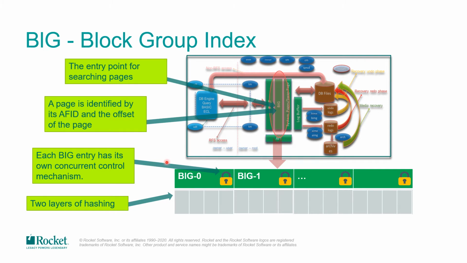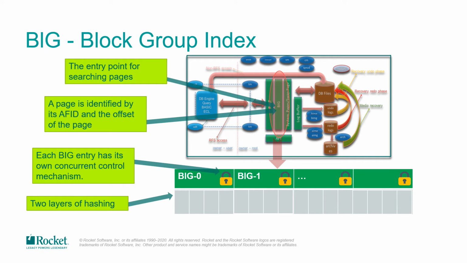The system has multiple BGI entries. On our system, we can have 10,000 or even more. You can configure this to help your performance. Each BGI entry has its own concurrency control.